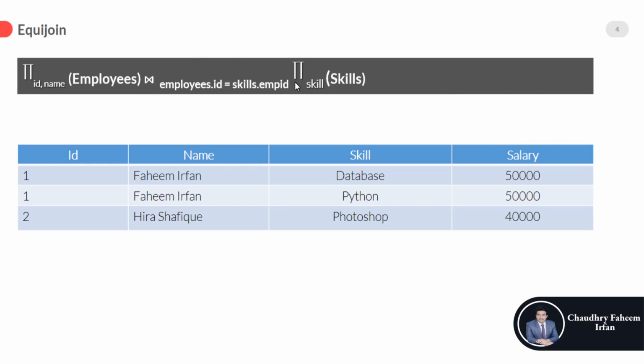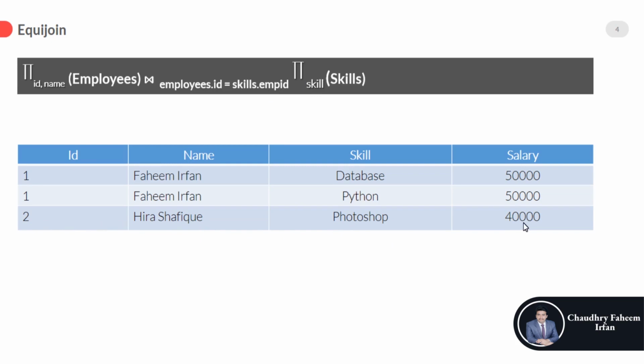And by using projection operation, we are going to select skill attribute from skills table. So result is here with one extra tuple, which is Hira Shafiq, skill Photoshop, salary 40,000.